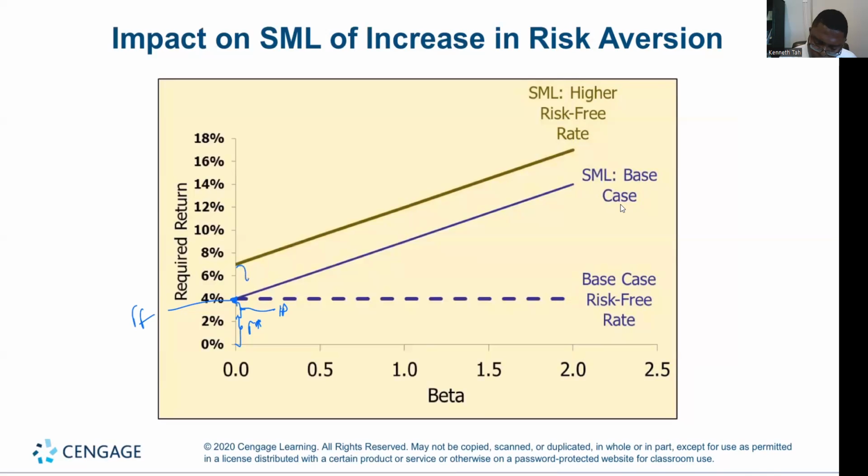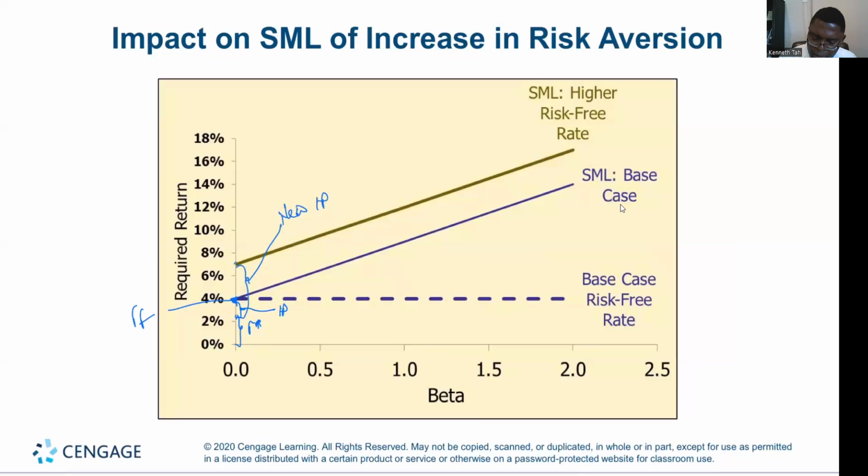So the new inflationary premium means that the risk-free rate goes up.